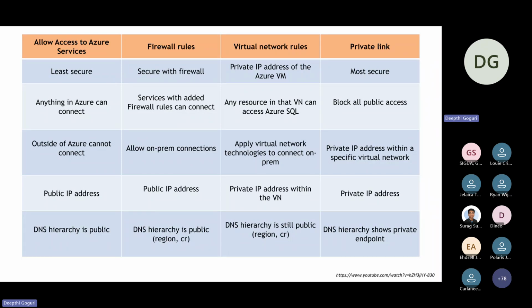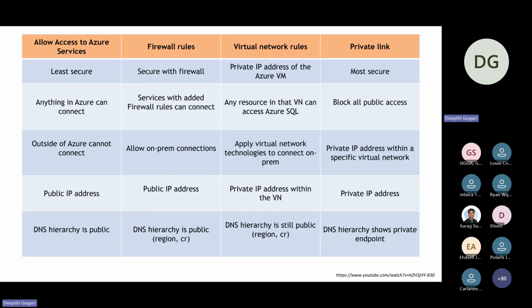Next option is virtual network rules. This is a little bit more secure than firewall rules and a little less secure than the private link, right? What you will do here is create one network rule on the virtual network from which you are connecting to your Azure SQL database. So if you build an Azure SQL database on a virtual network, you will be creating this rule on that particular virtual network. And if you have multiple virtual networks, all of these virtual networks should be connected to the virtual network where your database is hosted.